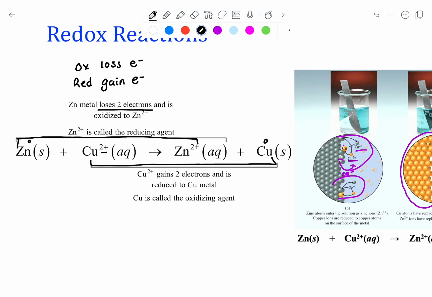So since zinc lost electrons, it gave them away, it lost 2 electrons, it is being oxidized. And since copper accepted those electrons, it gained additional electrons, it is being reduced.